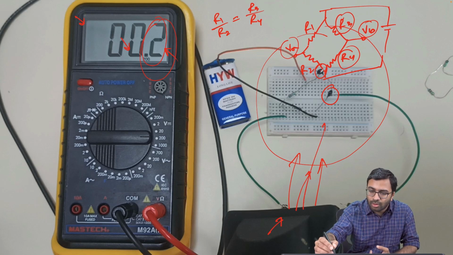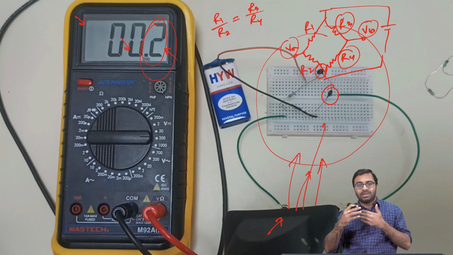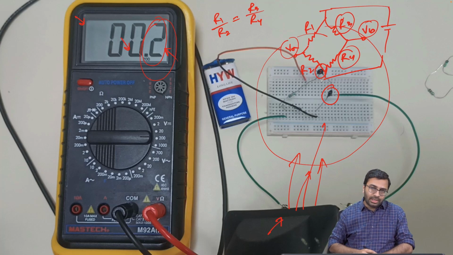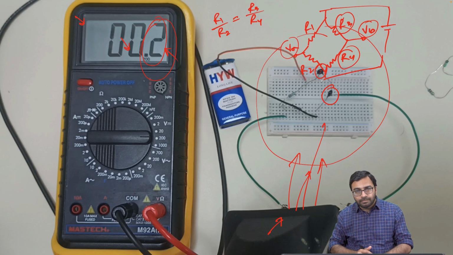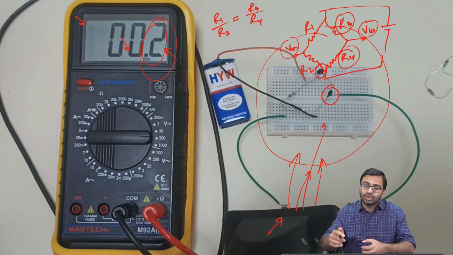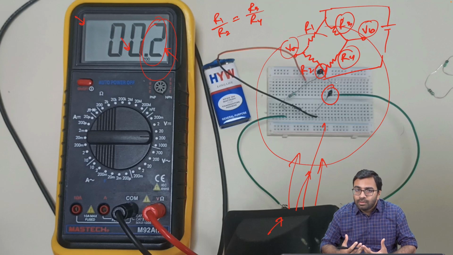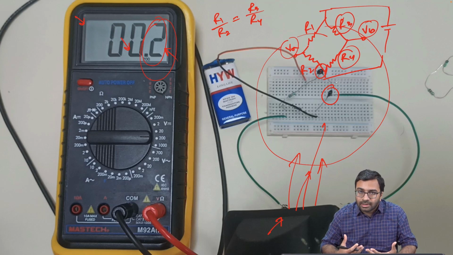So there will be some sort of temperature mismatch maybe, which may lead to a very small voltage, but this is not significant. That's why if you use two sensors in a Wheatstone bridge circuit, you can get rid of the environmental effect.